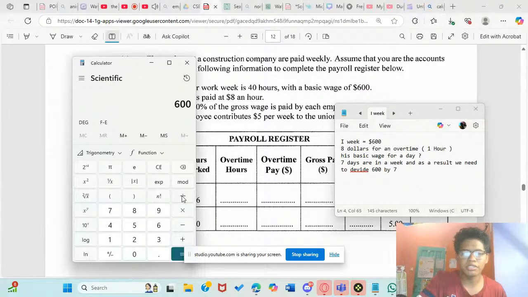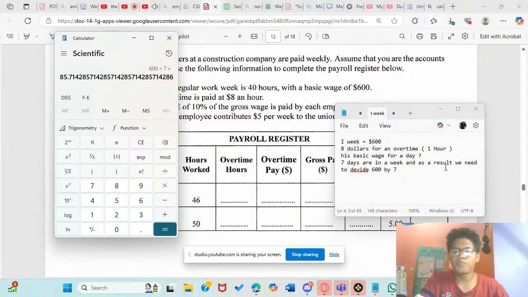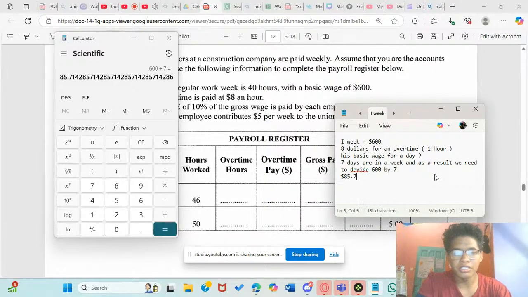Let's put that in a calculator. 600 divided by 7. I believe it's supposed to get a decimal format. So 600 divided by 7, we have $85.7 per day. In addition, we need to calculate the amount of dollars that he has per day for overtime.